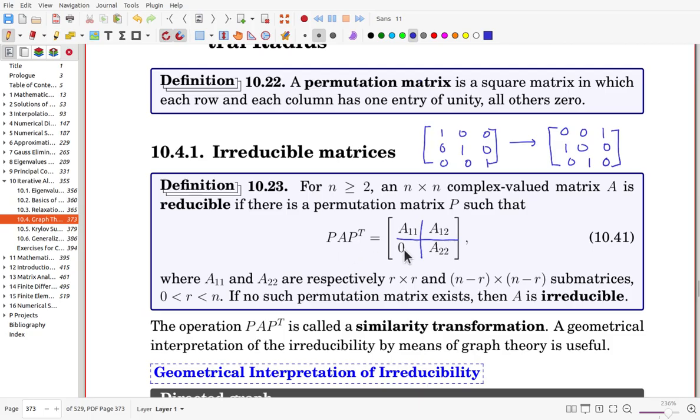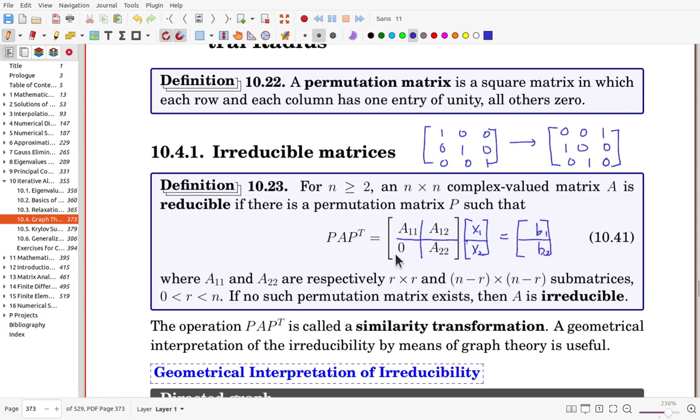So assume that for a given matrix this is happening. Then once we try to solve, for example, AX equals B, along with this matrix we have X and B on the right side. Now, the matrix is given in this way, so you may consider parts of X and parts of B. Let's say this is X1, that is X2, and that is B1 and B2.